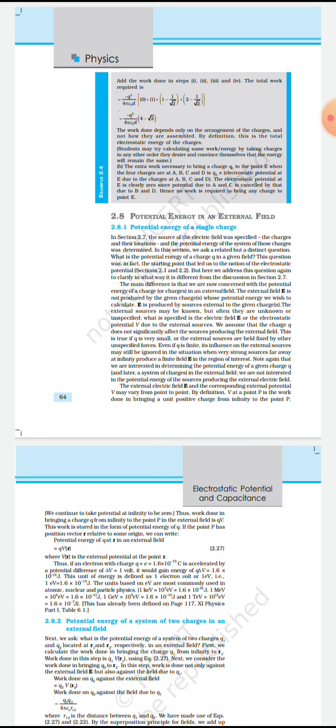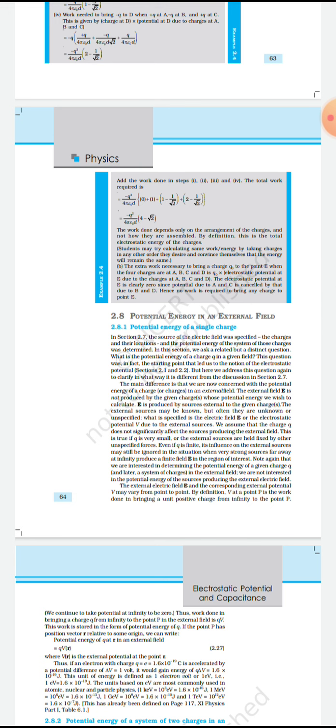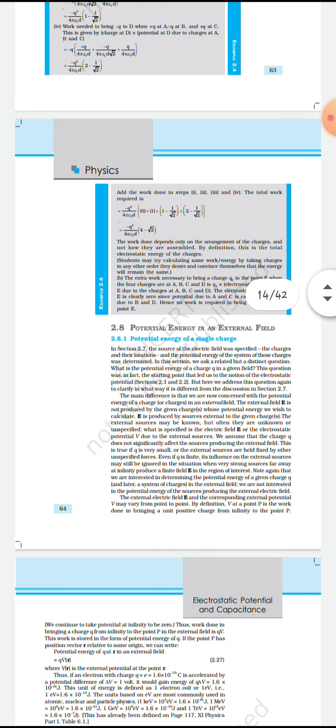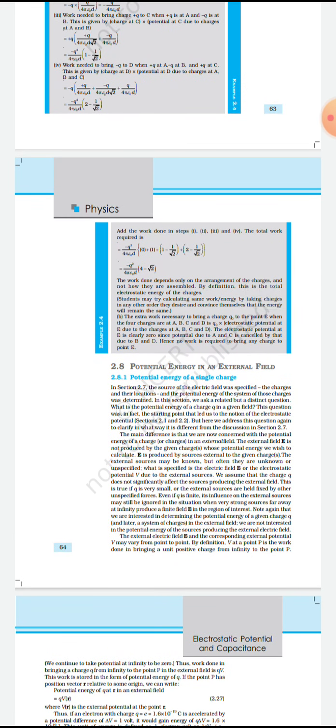This is the starting point that leads us to the notion of electrostatic potential. We clarify it by discussing it in section 2.7.